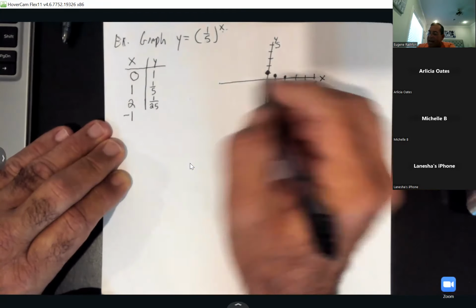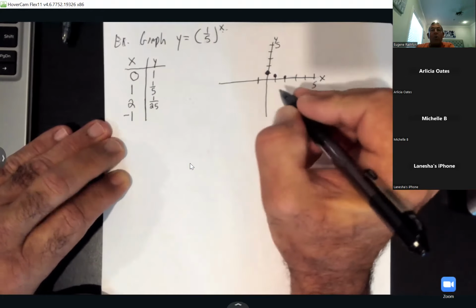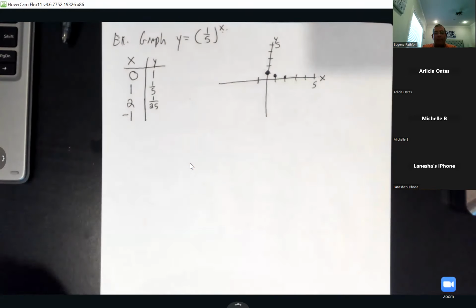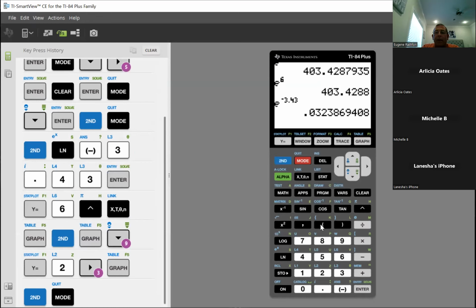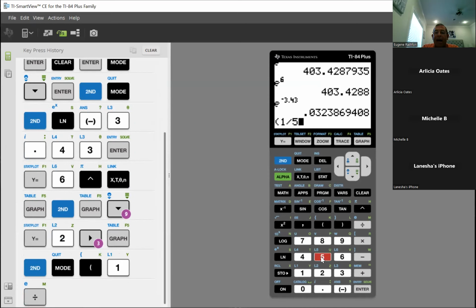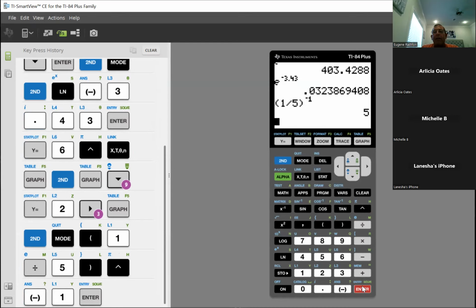So let me show you the left side of this. What if this x was a -1 here? We all watch this. If you go to your calculator and put in 1 divided by 5 and raise that to the negative first power, watch what it does. It gives me 5.